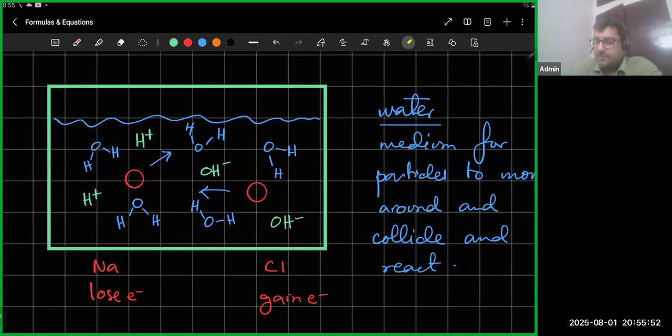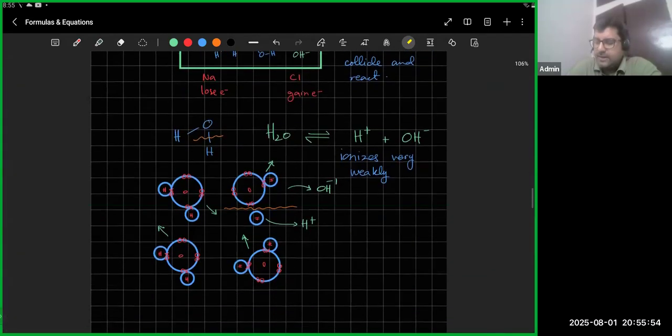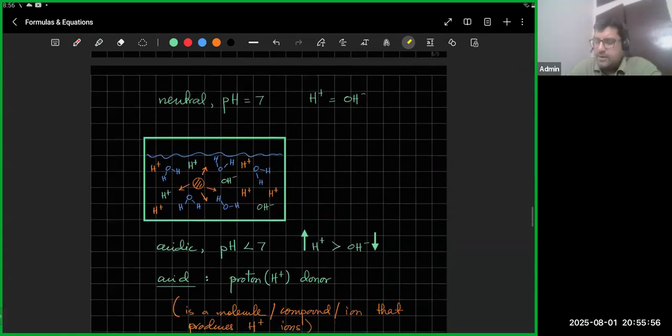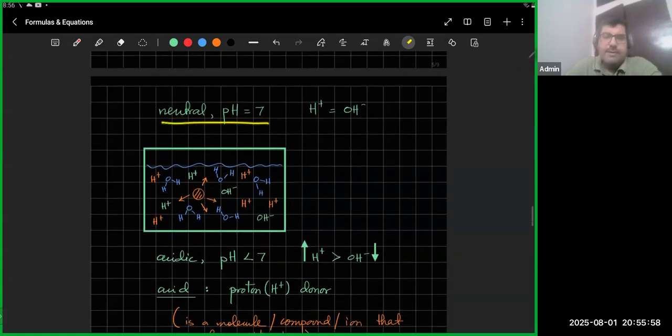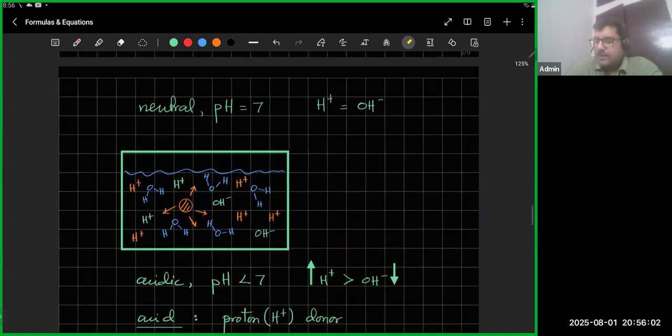Because some of the water molecules are breaking down. I told you that the thing that's called neutral, or the thing that's called pH 7, is a type of water, basically. Your blood is almost pH 7.